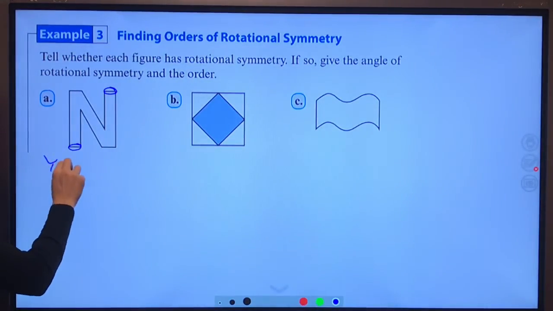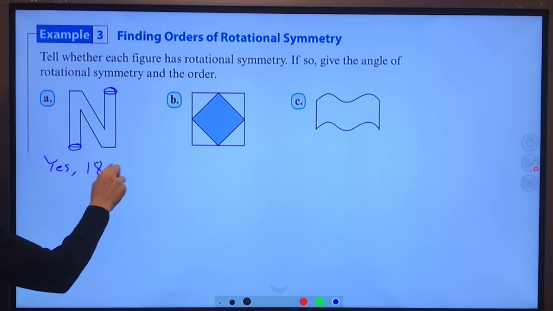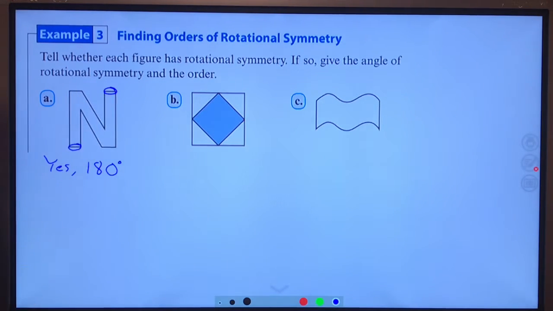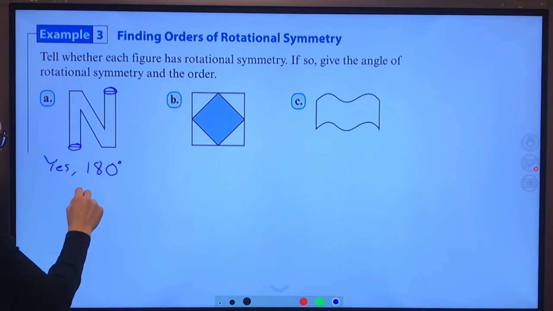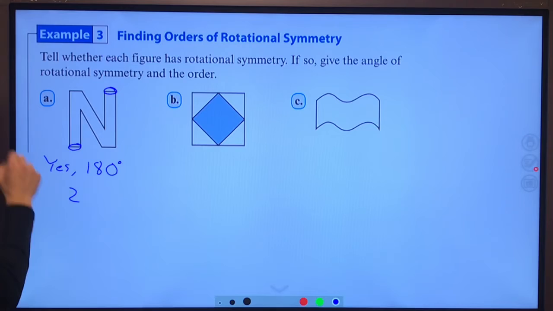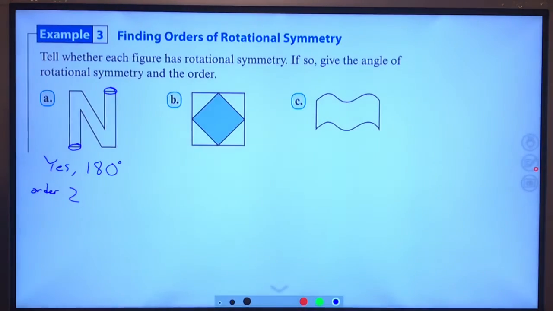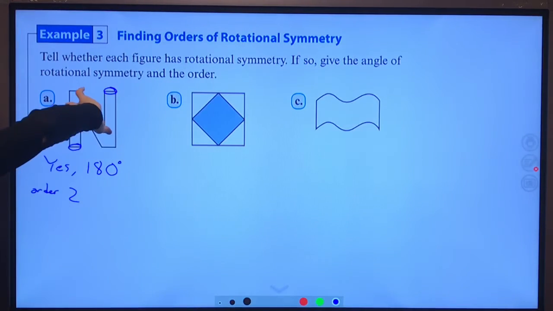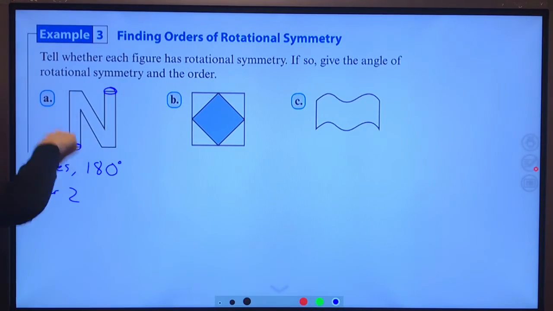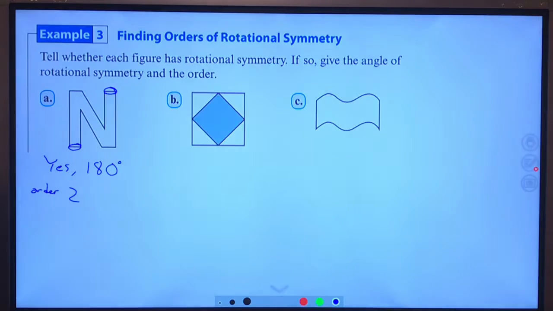So yes, this does have rotational symmetry. 180 degrees it takes to coincide with itself for the first time. 360 divided by 180 is 2. The order would be 2. As we go 360 degrees, 1, 2 times it would line up with itself.